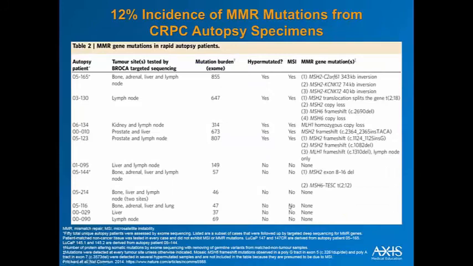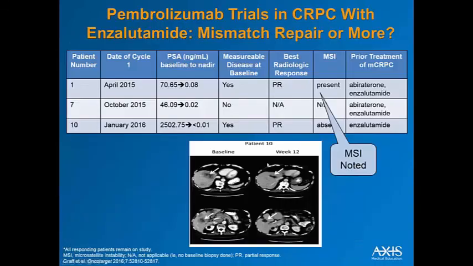One of the other things that's interesting about choosing therapy is there might be more mismatch repair mutations, and these are the genes that are MSH2, MSH6, MLH1. These are things that are copy number or mutation variations, and many of these patients end up with hypermutated tumors. When you have mismatch repair, you end up with hypermutated tumors.